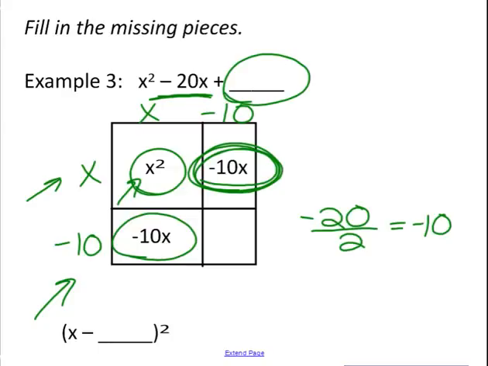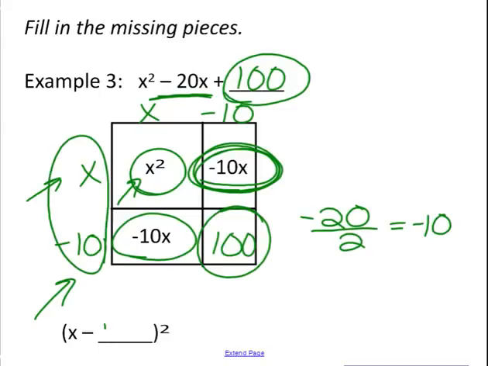Now, as far as what goes in the remaining box, that will come from my negative 10 times a negative 10, which will give me positive 100. So this missing piece is positive 100. And if I were to factor this, what I'm looking at is x minus 10 times x minus 10, or x minus 10 squared.